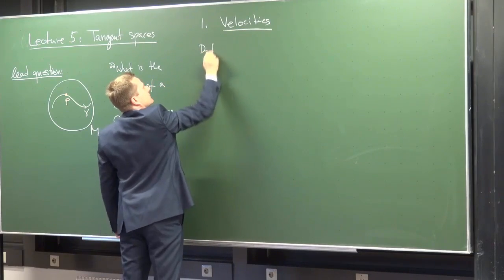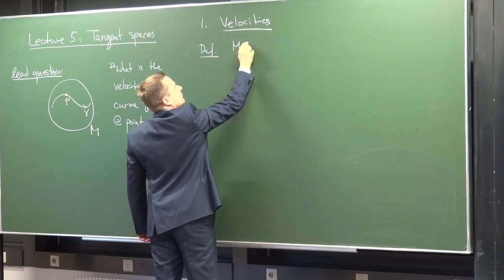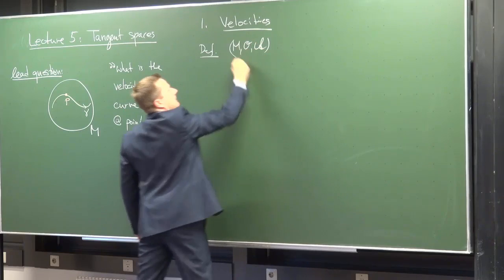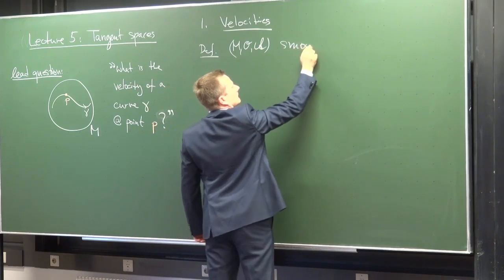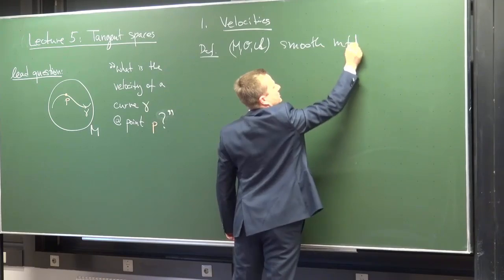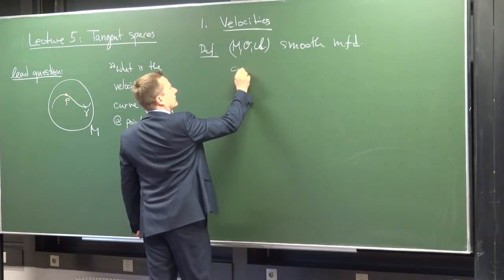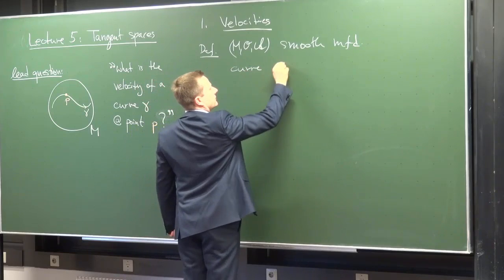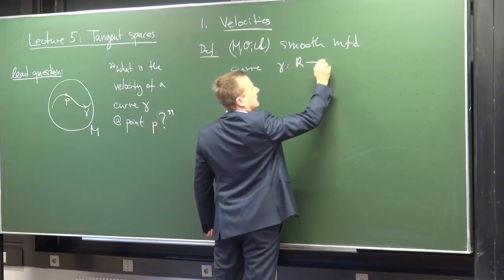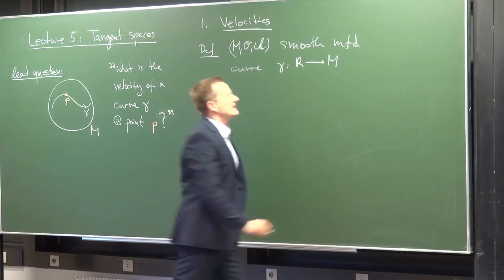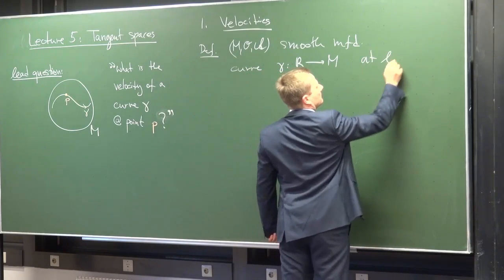The definition is as follows. We consider a smooth manifold, M with atlas A. That's a topological manifold with a smooth atlas. And we consider a curve on that manifold, a curve gamma from R into the manifold that is at least C1.